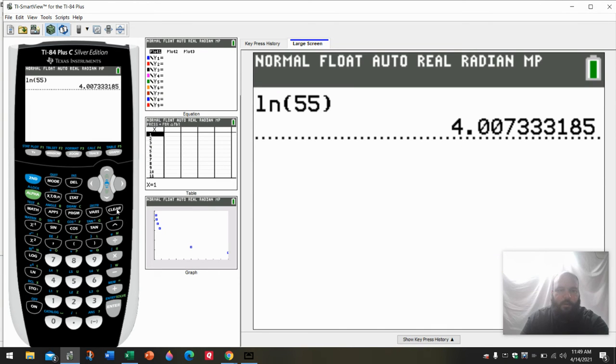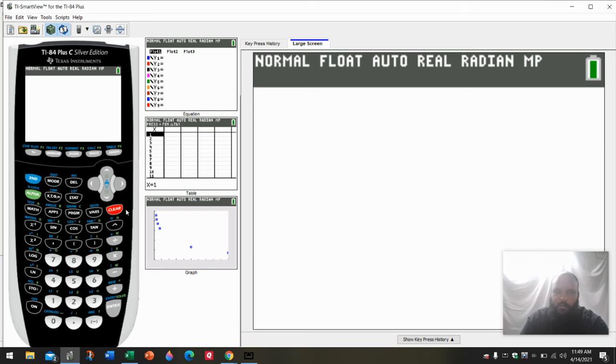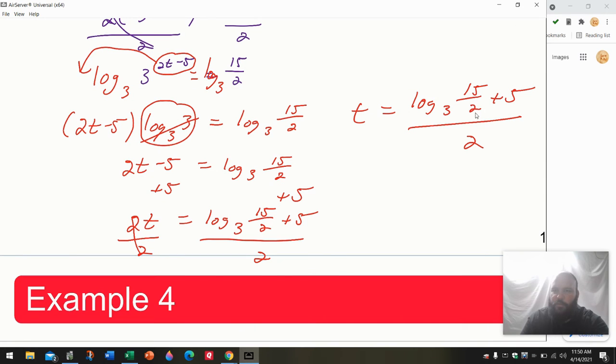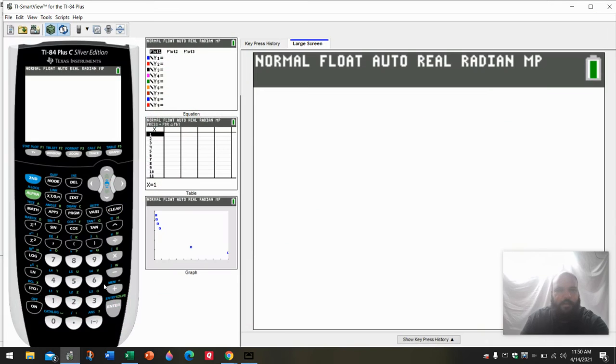So on the TI-84, the expression that we had was log base 3 of 15 over 2 plus 5. Now, all of this is going to need to be put in a set of parentheses before we divide it by 2. So I'm going to go ahead and type that in the way you see it.